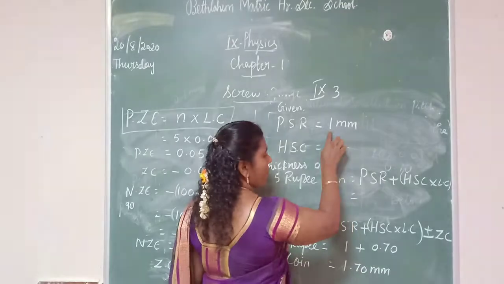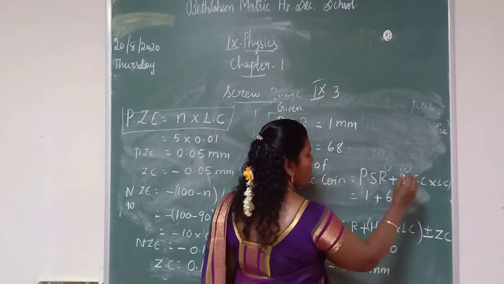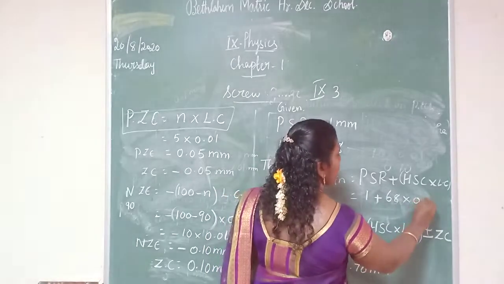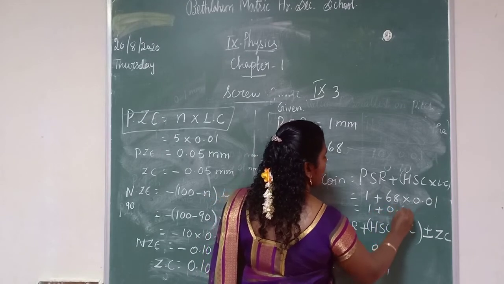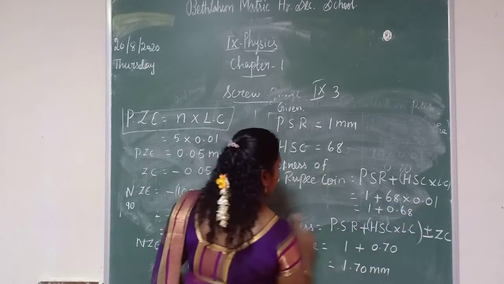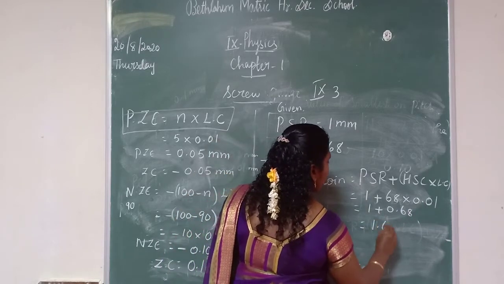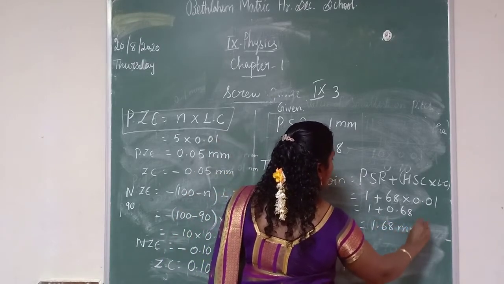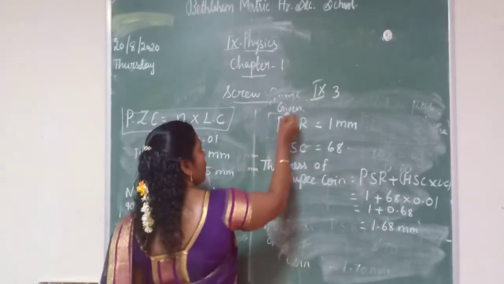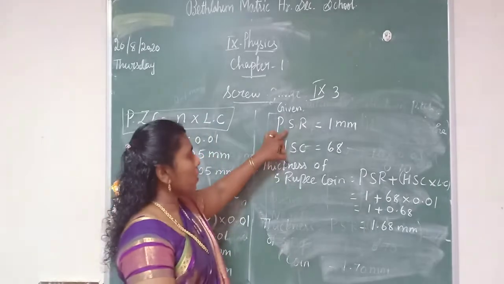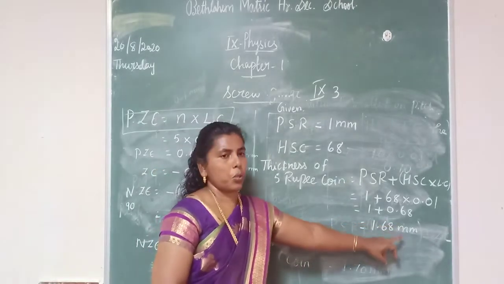So PSR value is 1 plus HC 68. The least count is not given in the question, so you have to write 0.01. So you get 1 plus 0.68. The thickness of the 5 rupee coin is 1.68 millimeter. This is Rome letter 9, third question. First write what is given, then the formula, then substitute the values, then the answer with unit.